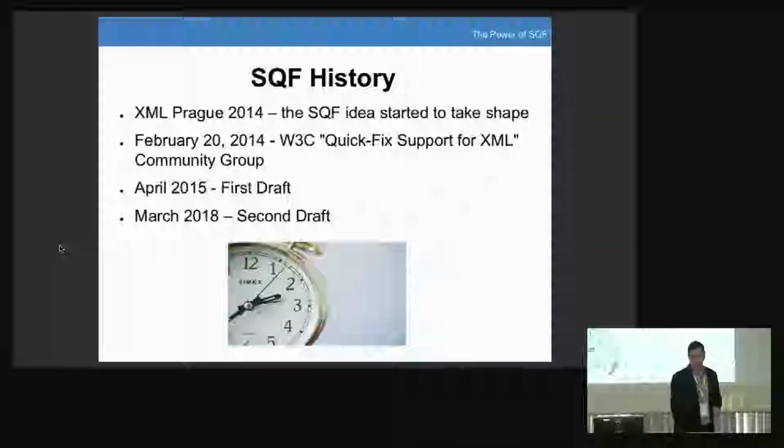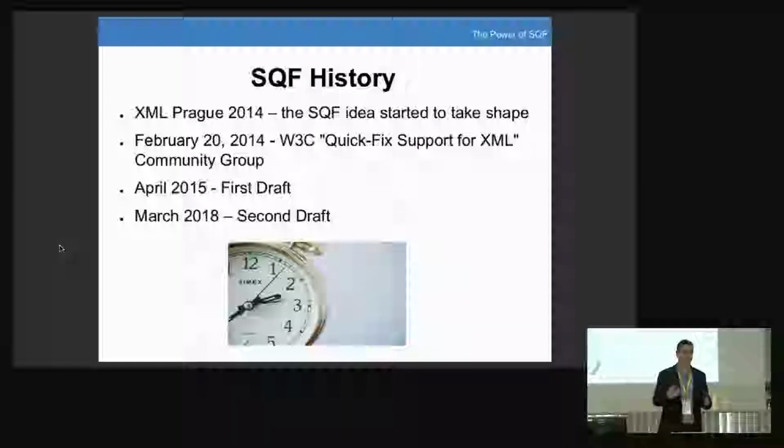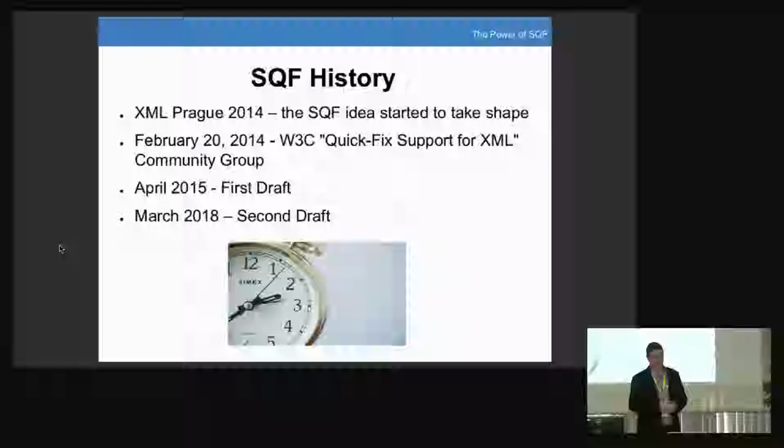A little bit about Schematron history. We started in 2014 with this idea of having a language that will allow you to define actions. Here at XMLPrague this initiative was taken by Nico, and then we had this working group at W3C.